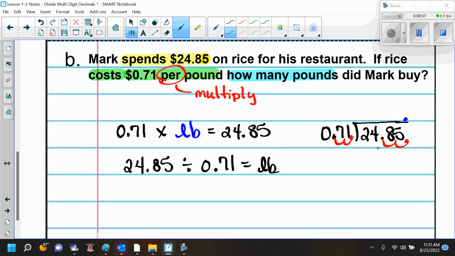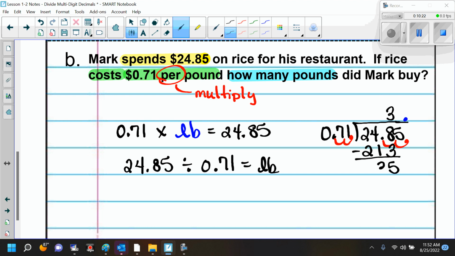Okay? So 71 goes into 248 how many times? That goes in 3 times. So 3 times 71. So 3 times 1 is 3. Then 3 times 7 is 21. And then we subtract. So this is going to be 8 minus 3 is 5.